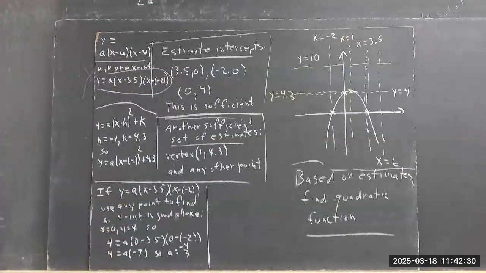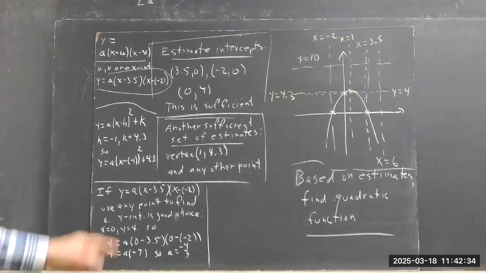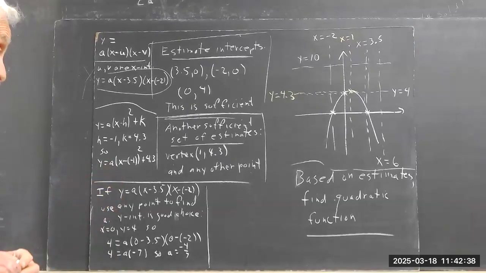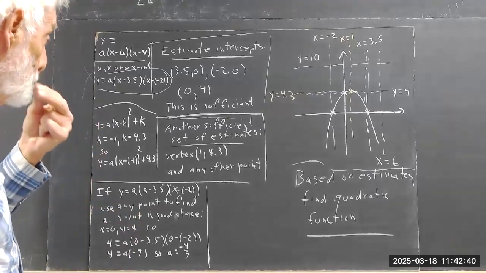Well, this is just as easy. Once you have the form and only A to determine, you just pick any point.